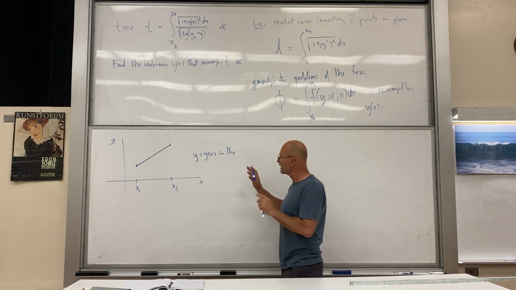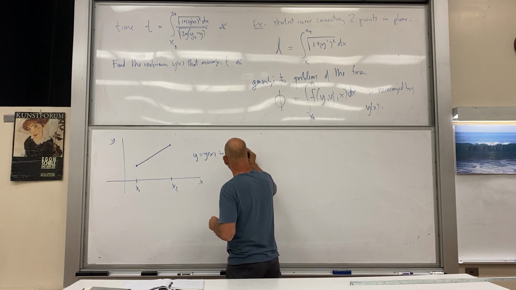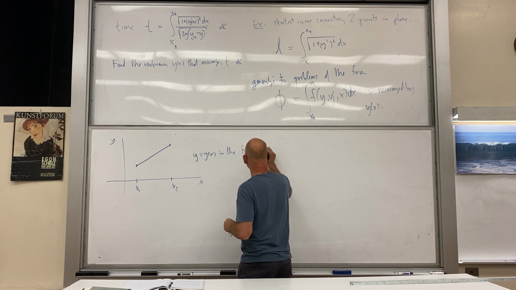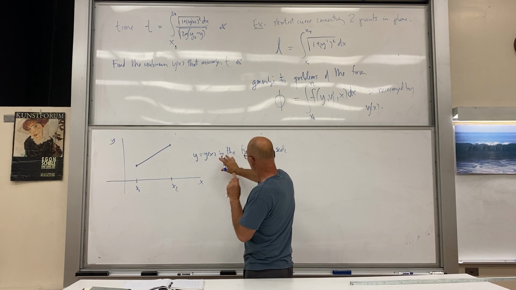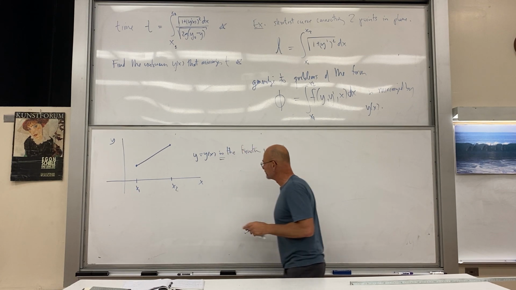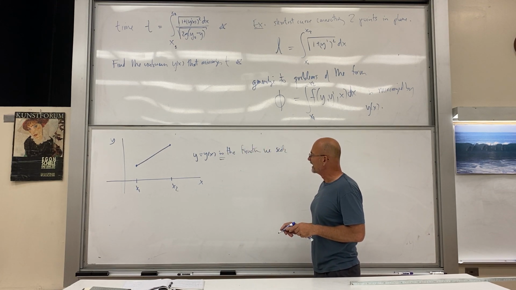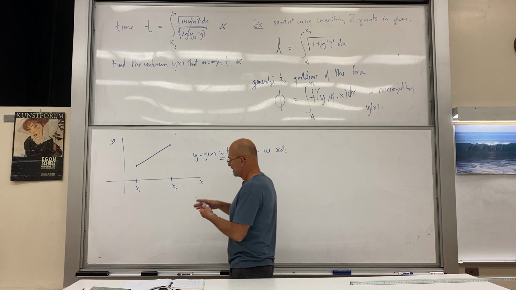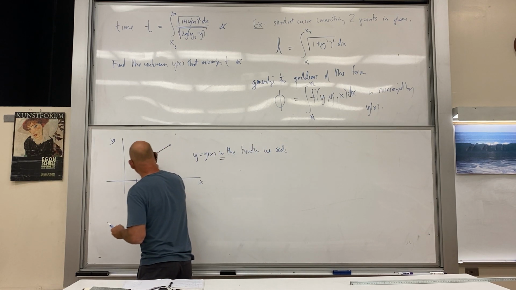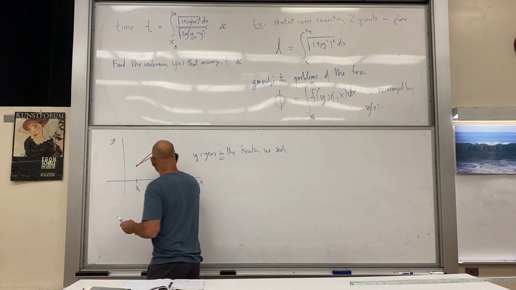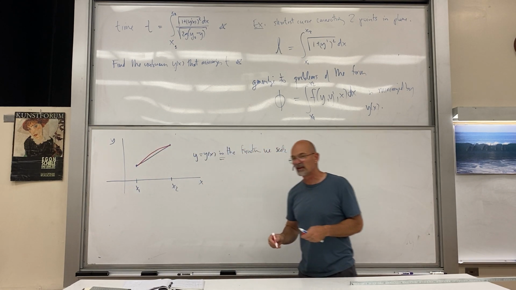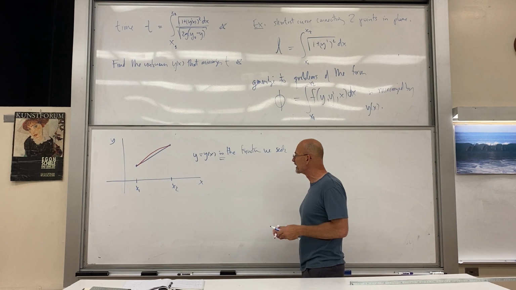Suppose we know the answer is the function that we seek. So this is the function. Then any function that is slightly different from this one, my red curve there, is necessarily going to be longer. It's no longer the minimum.